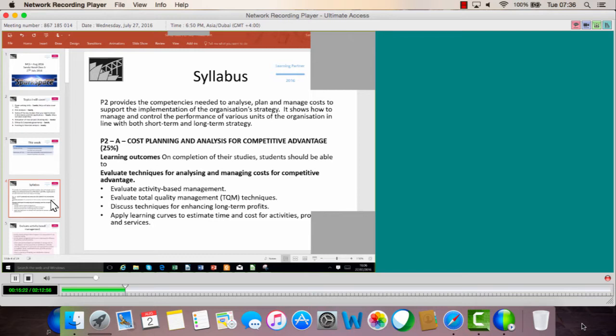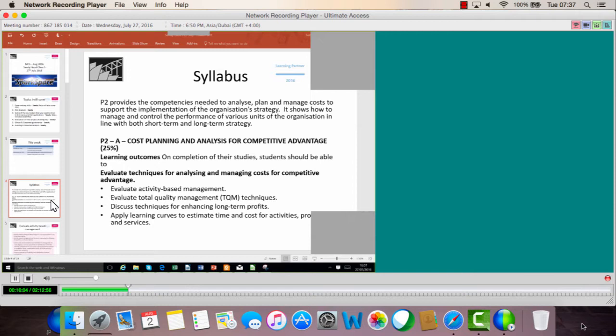So looking at these, we've got evaluate activity-based management. Within the CIMA scheme, and I know that the majority of those of you attending and of those who are watching this in the recorded format have come to this case study with exemptions, but the exemptions that these have given you are exemptions from operational level exams and syllabuses, and the OT exams at management level.